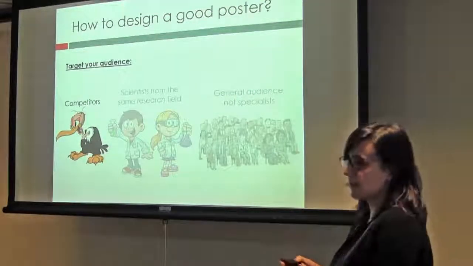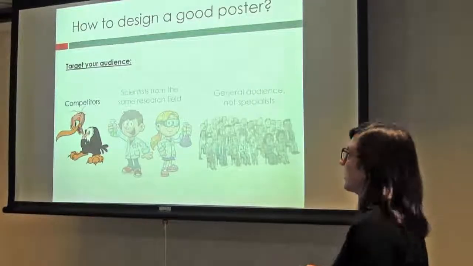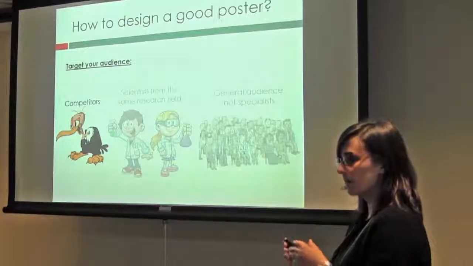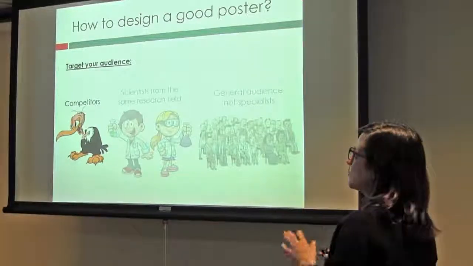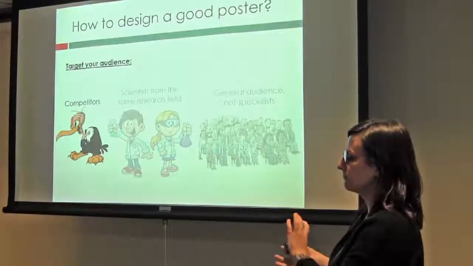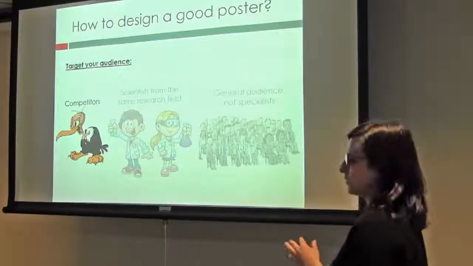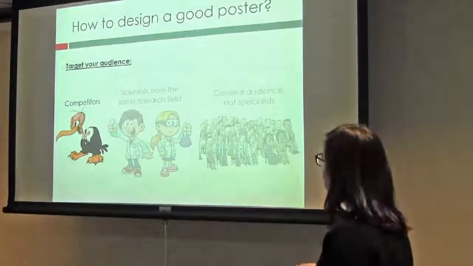If it's in press or ready to be published, maybe it's okay. But if it's something in its early stages, maybe you would rather avoid that and try to reorganize your poster. You don't want to have your data spoiled.